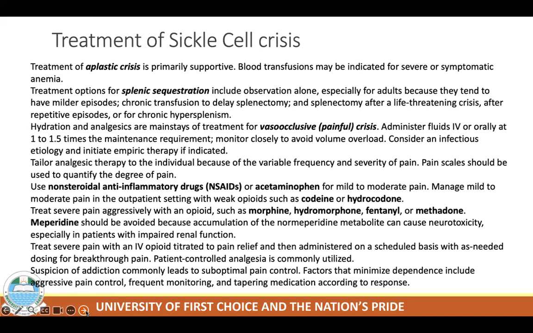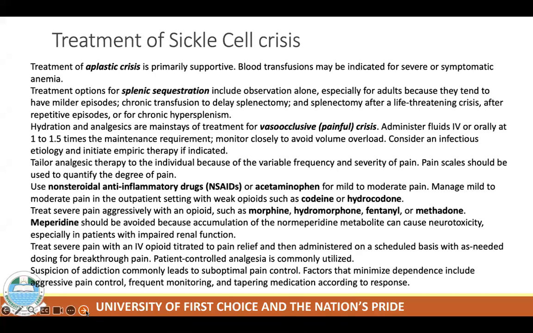You remember we mentioned that after repeated ischemic episodes, usually the patient goes into autosplenectomy, right? And so chronic transfusion can help delay this process.